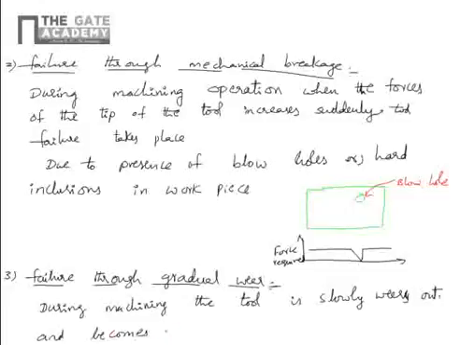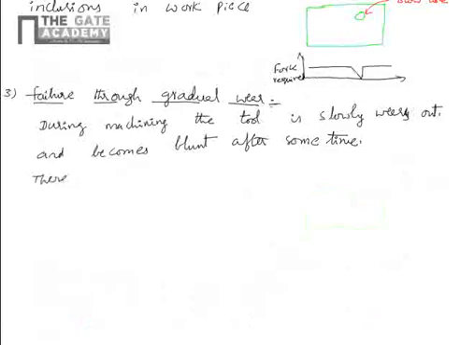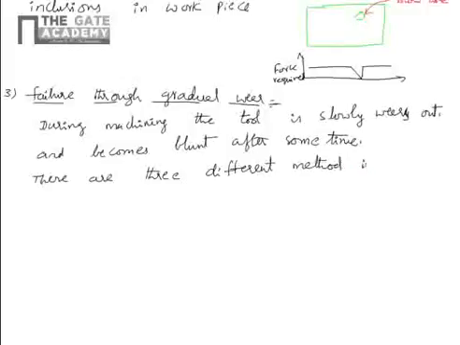Then you can't use it for machining; machining operation is not performed satisfactorily. This is called gradual wear failure. There are three different methods in gradual failure.